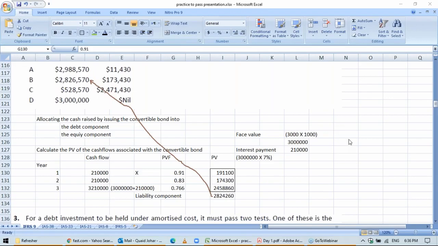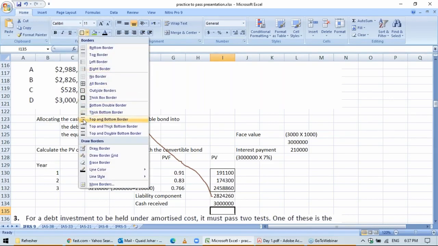Now the cash received. The company issuing the convertible bond received 3 million. Now there is a question. If the company is receiving 3 million, but the liability is 2,824,000, then what's the rest amount?